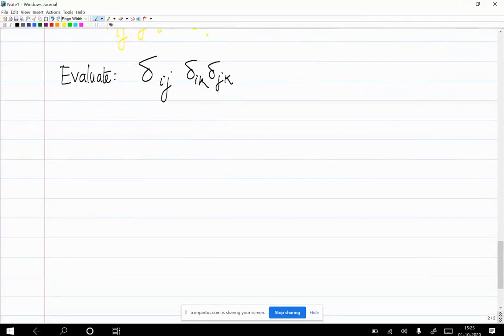Okay, so you can see all the indices are appearing twice, so they are all dummy indices. So how do we work this out?